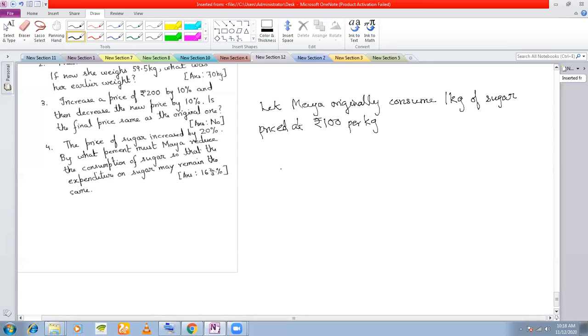Suppose the price of the sugar was 100 rupees per kg and Maya used to consume 1 kg.